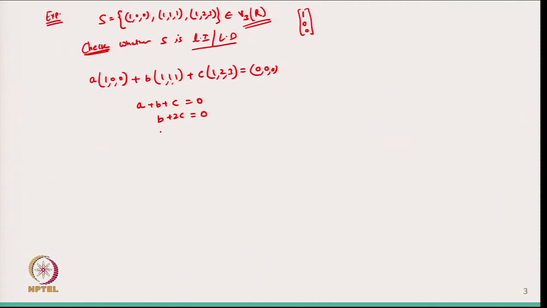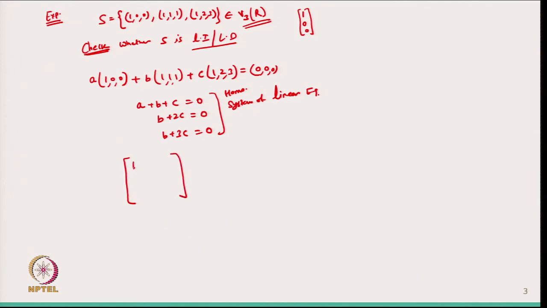And then b plus 3c equal to 0. So in this case I get a system of linear equations, a homogeneous system of linear equations, and I can write this in matrix form.